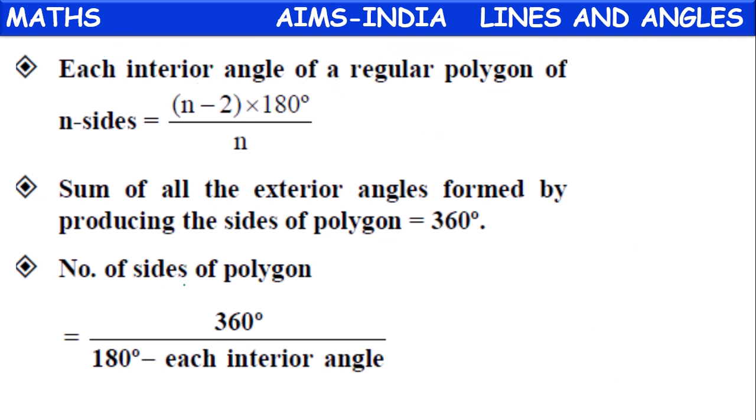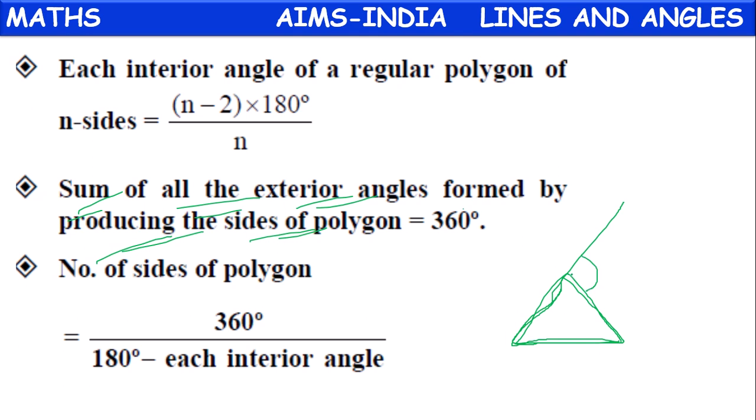Next one. The sum of all the exterior angles formed by producing the sides of a polygon. If we have a polygon, we can extend all the sides. If we extend this side, one exterior angle. If we extend this side, one exterior angle. If we extend this side, one exterior angle. We have got 3 exterior angles.